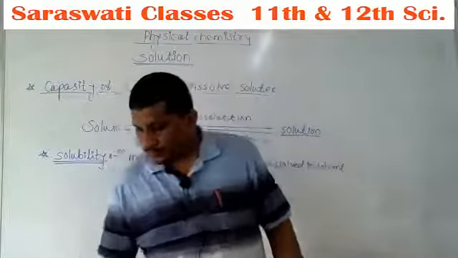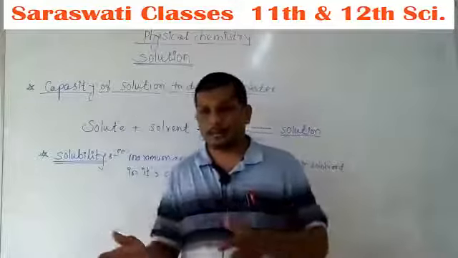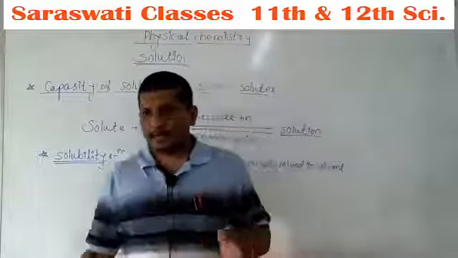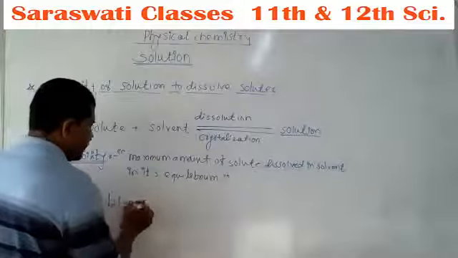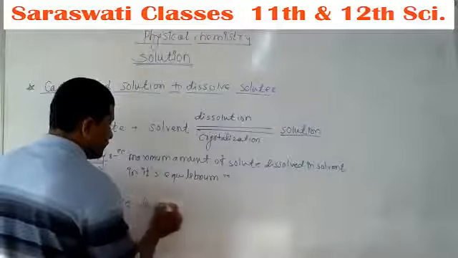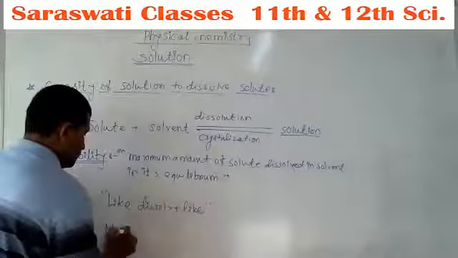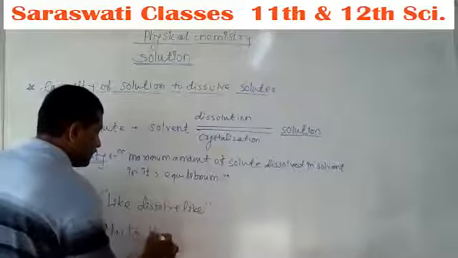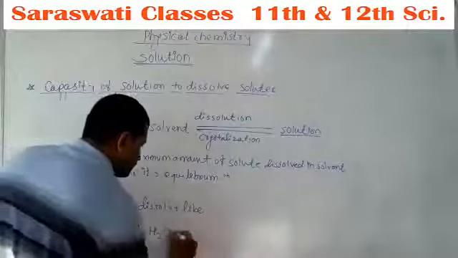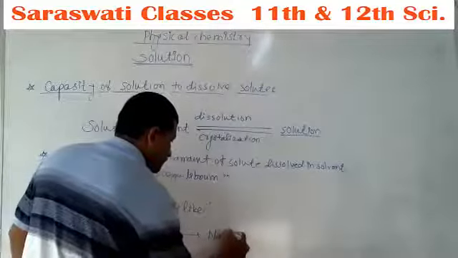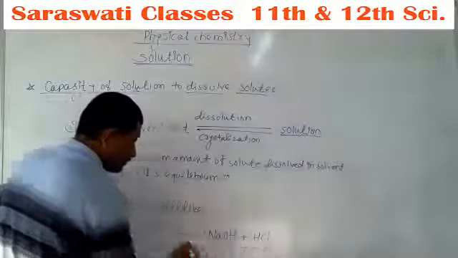Now the next point: nature of solute and solvent. We see the rule like dissolves like. For example, NaCl and H2O. NaCl plus H2O gives NaOH plus HCl.